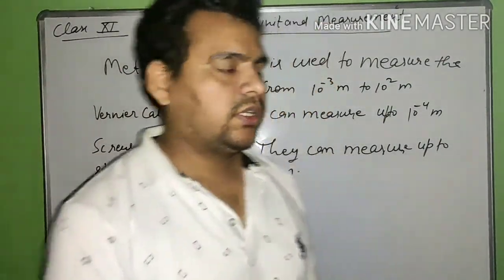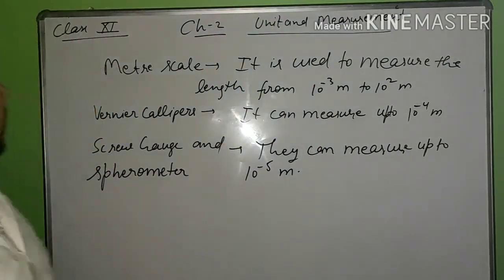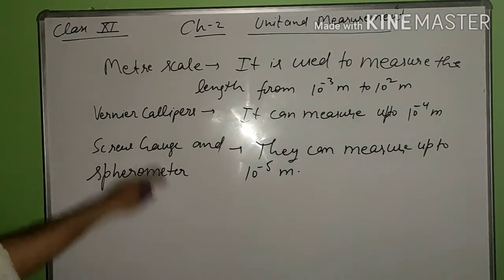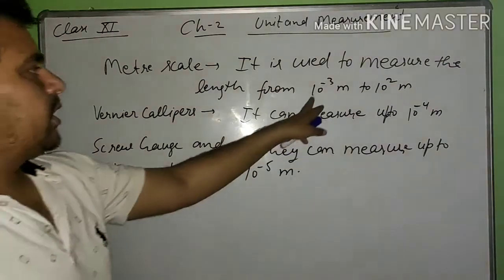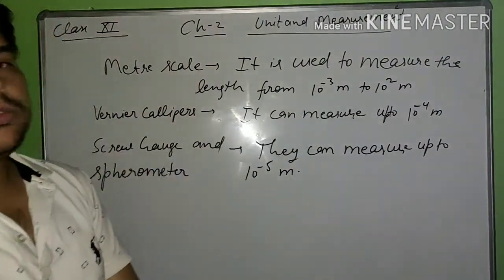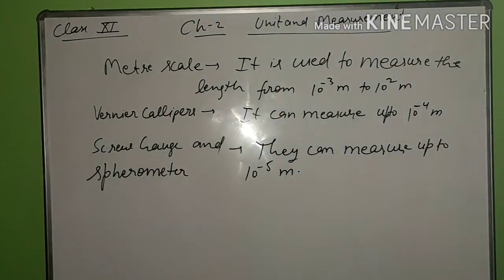Measurement of length: there are so many instruments to measure length. The meter scale is used to measure length from 10 raised to power minus 3 meter to 10 raised to power 2 meter.